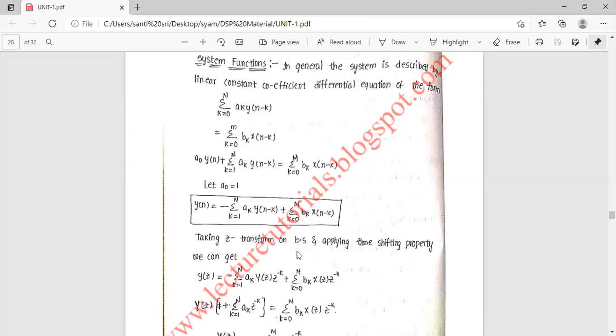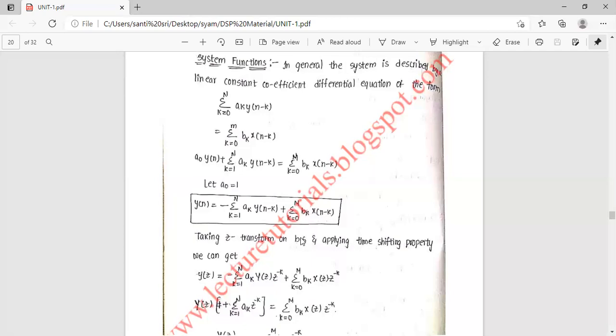Taking the z transform on both sides and applying the time shifting property, we can get, taking the z transform, the z transform of y of n is Y of z, equal to minus sigma k equal to 1 to n ak into Y of z into z power minus k. See, here the time shifting property is used. Plus sigma k equal to 0 to m bk into X of z into z power minus k.